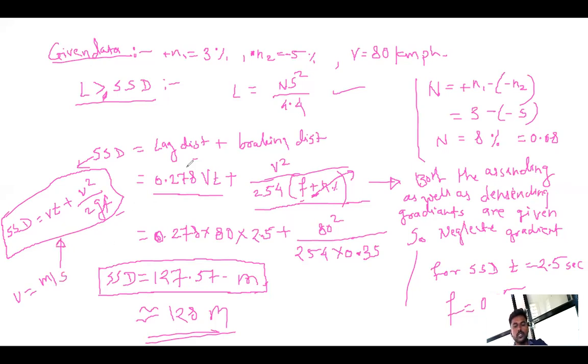And when the velocity is in kilometer per hour, kmph, we use the formula that we have used now. There are two different formulas for calculating SSD. We have used this one because velocity is given in kmph.